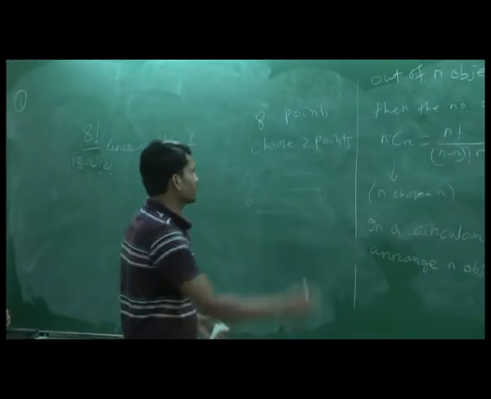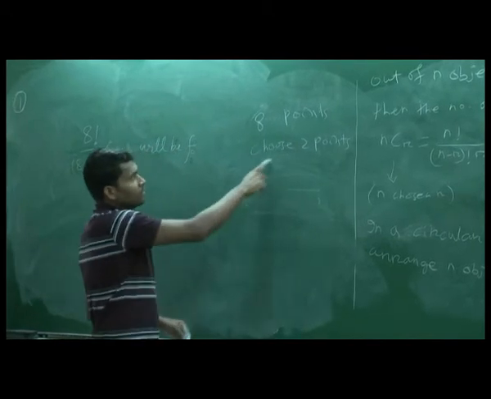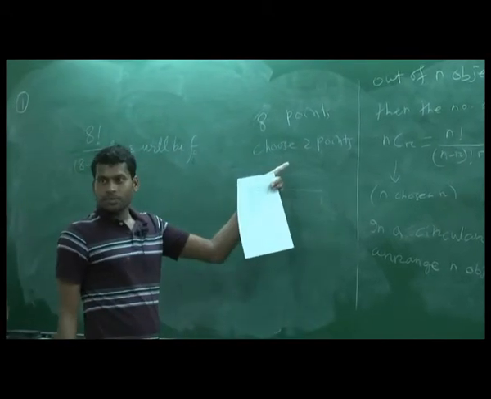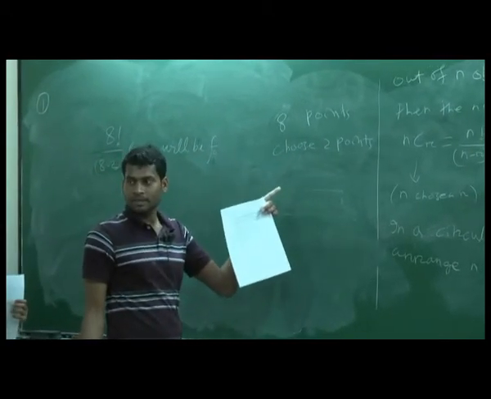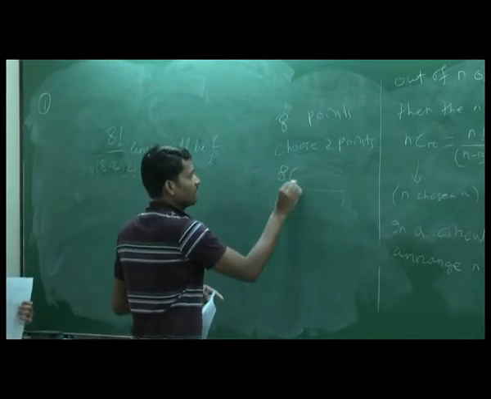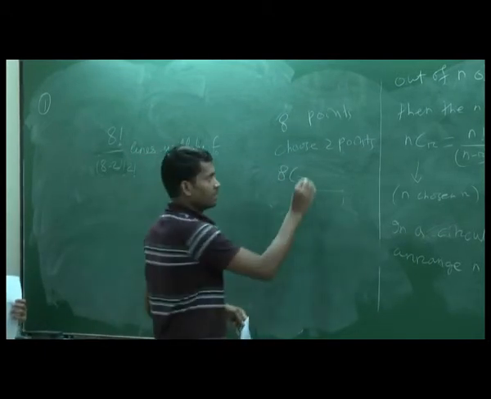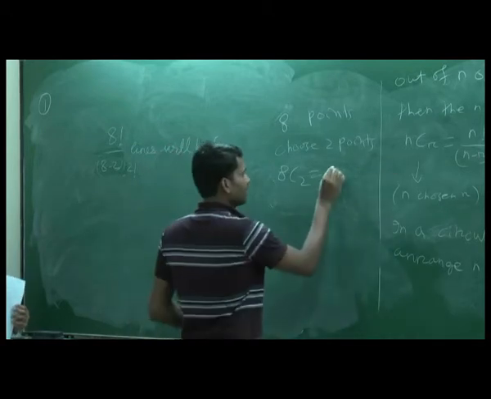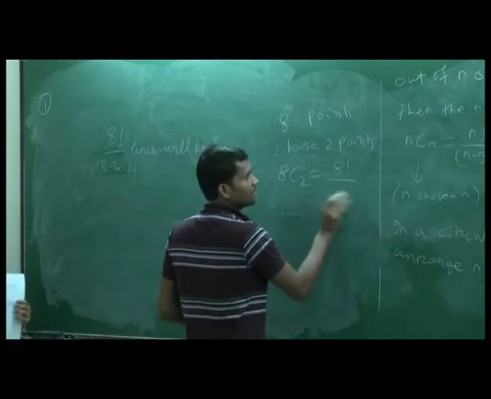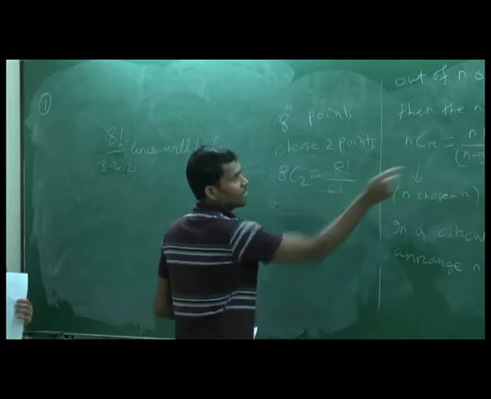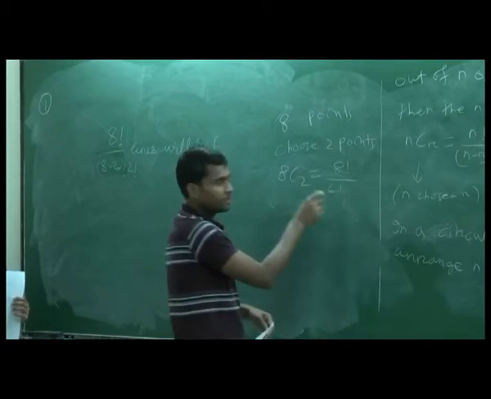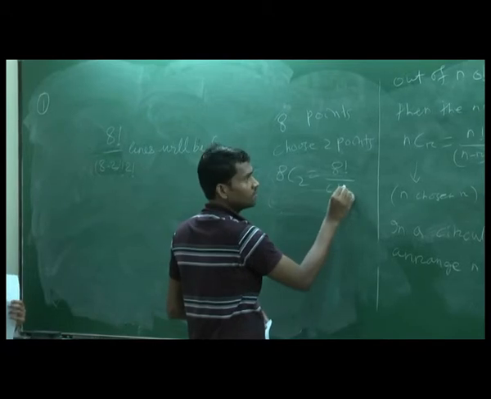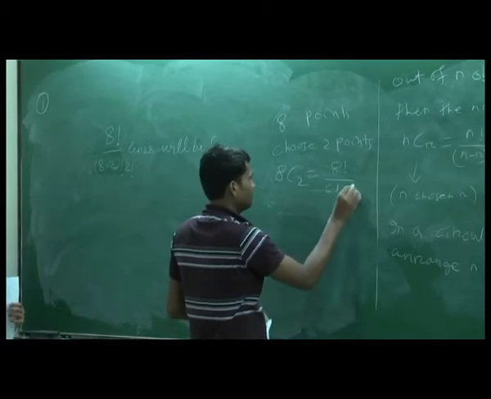So from 8 points, in how many ways can we choose 2 points? 8C2. What is this? 8 factorial by 6 factorial into 2 factorial, n minus r, 8 minus 2, 6 factorial, divided by 2 factorial.